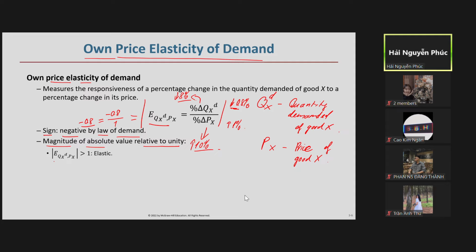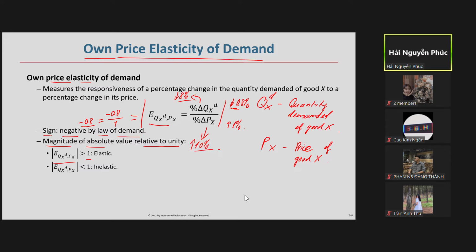If in absolute value the price elasticity of demand is greater than 1, then we say that demand is elastic. Tức là chúng ta nói cầu co giãn. If it is smaller than 1 in absolute value, then we say that demand is inelastic.